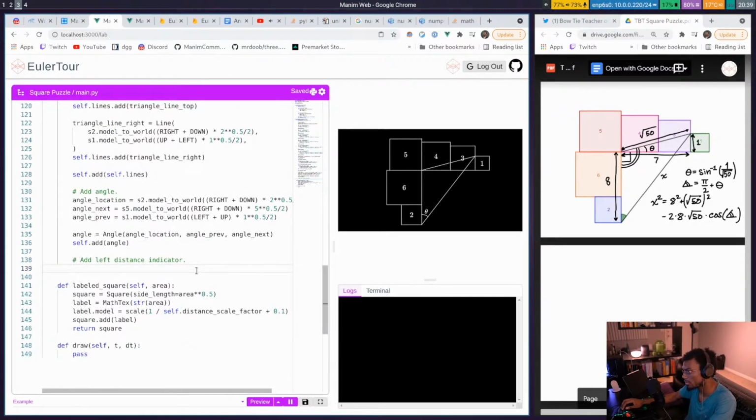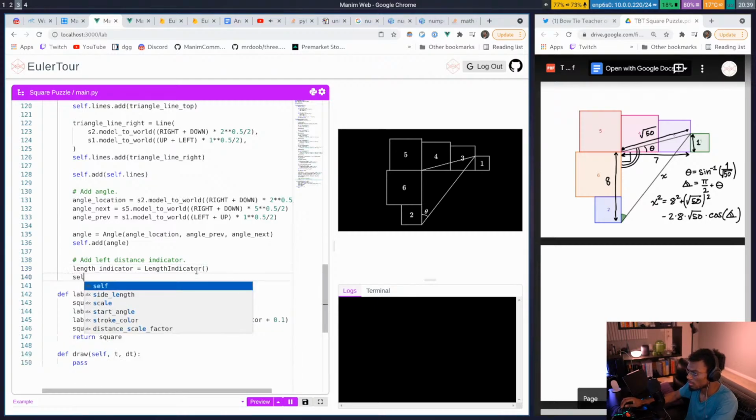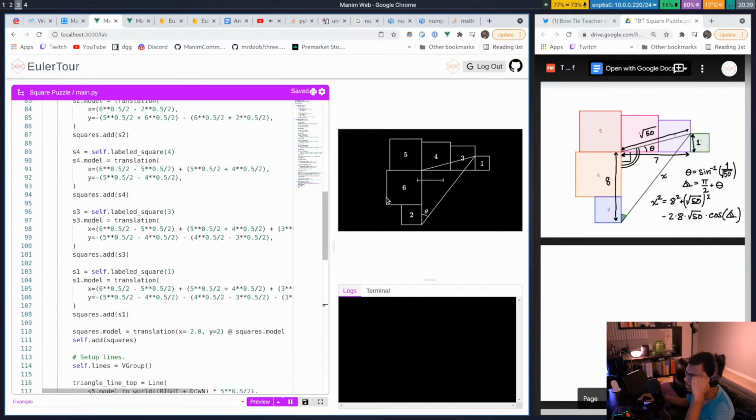I can say length indicator equals this. Okay, so it's just like that. But without a put start and end on.